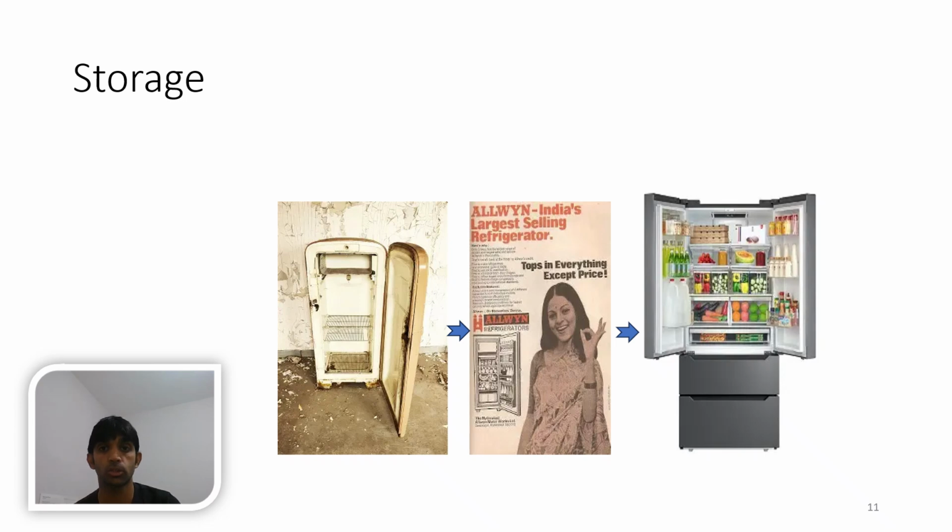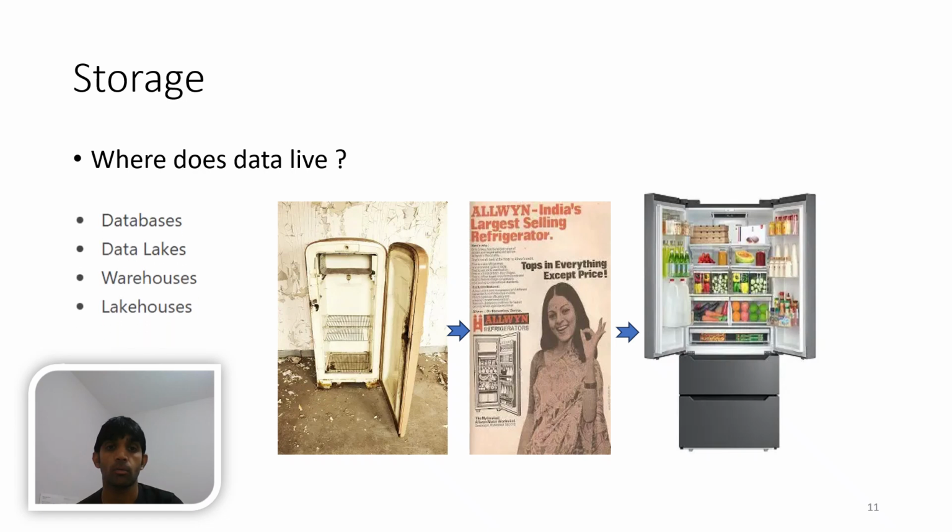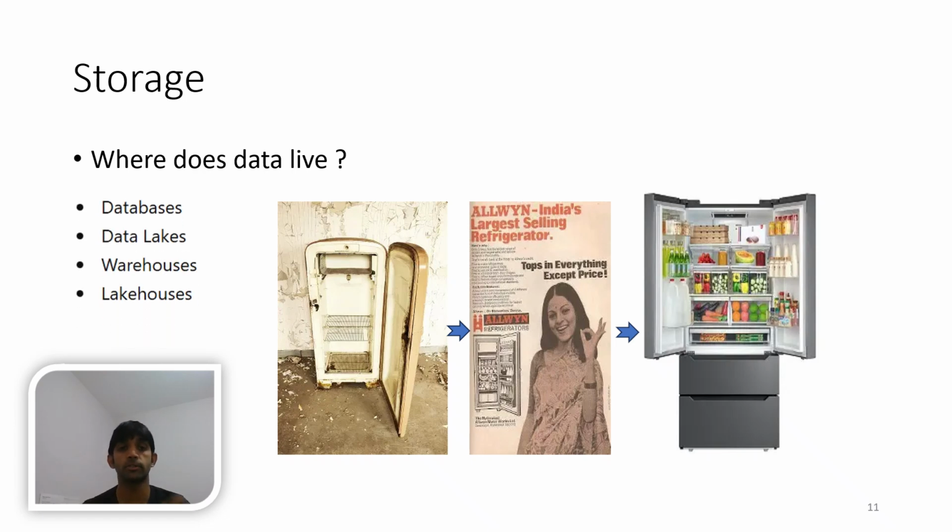The storage decisions we make affect performance, scalability, cost, and future growth. So it lives in databases, data lakes, warehouses, and lakehouses. The choice depends on what we are storing, what we require, and how much we want to spend.